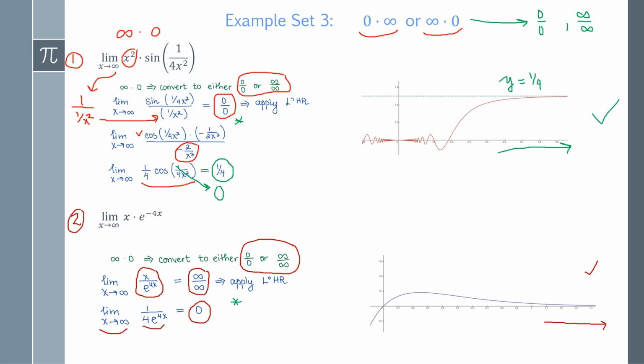Sometimes you will encounter problems where you can do either, and it doesn't really matter which form you convert it to. Use whichever one is more convenient, maybe easier for you to compute the derivatives. So that is one of the non-standard indeterminate forms where we need to convert it into one of the two standard forms and then apply L'Hopital's rule.